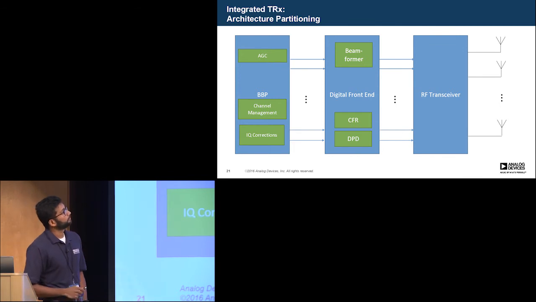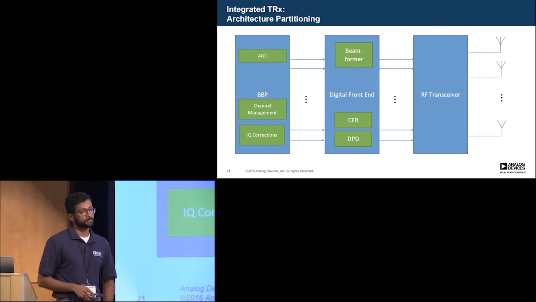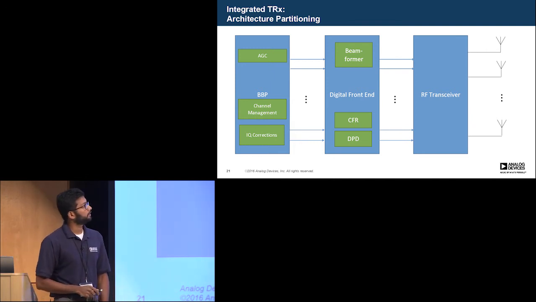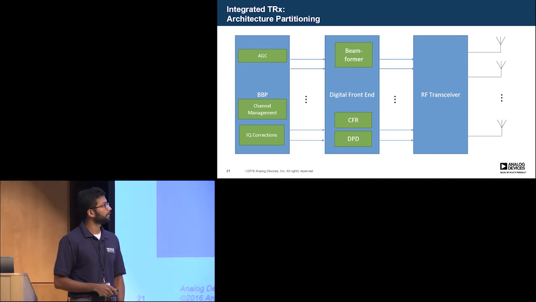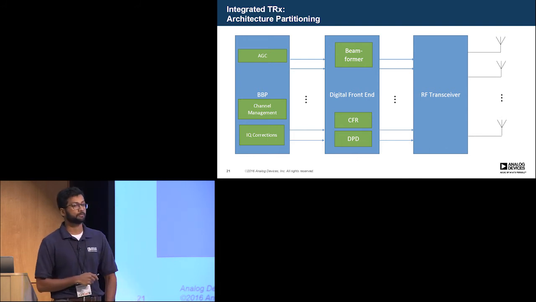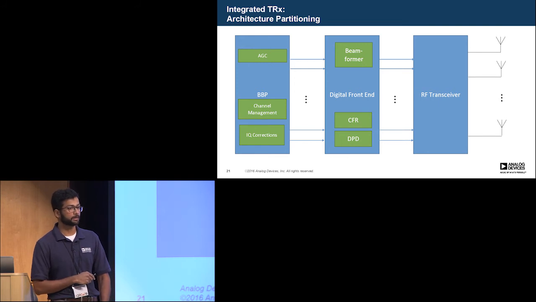So, I showed this diagram earlier. Now, to illustrate the point, with the 9361 or even the 9371, you have the AGC and the IQ corrections being done at the transceiver. What this allows you to do is get more of your processing power back at the baseband processor.